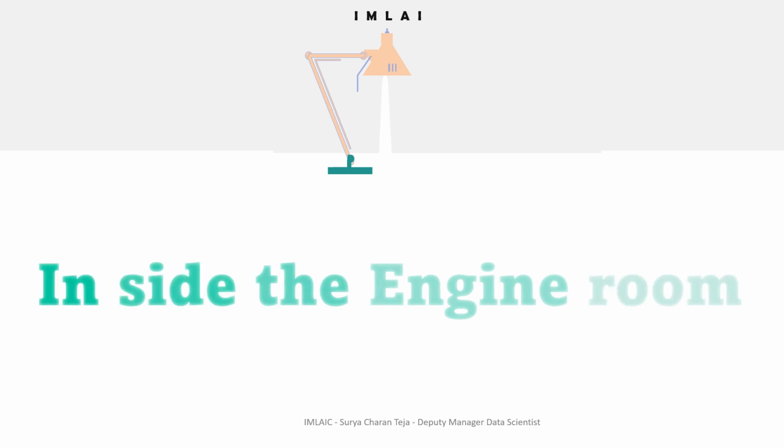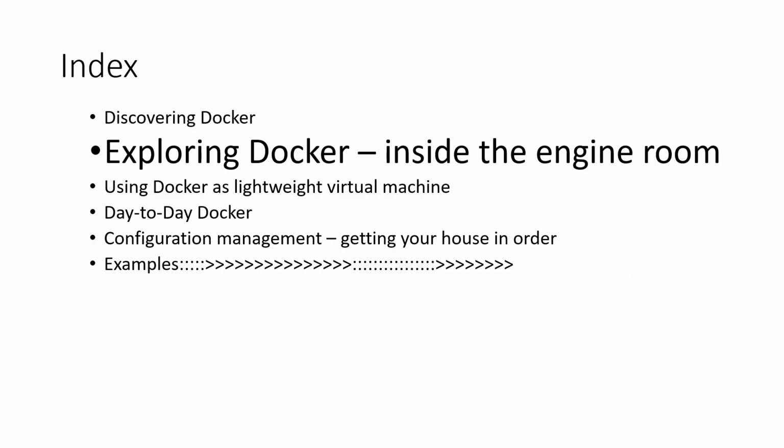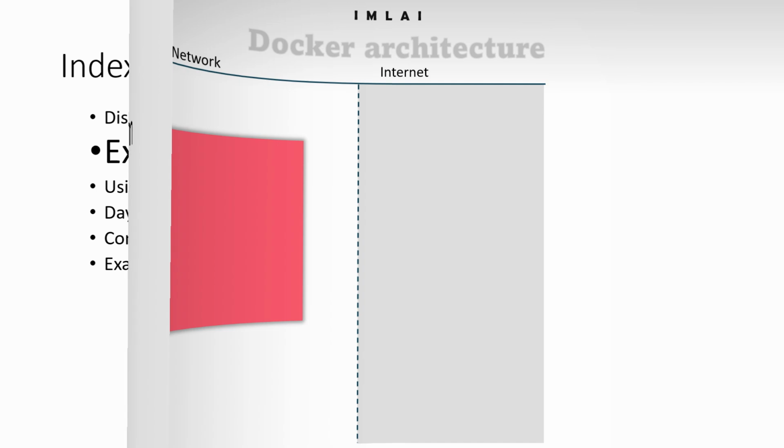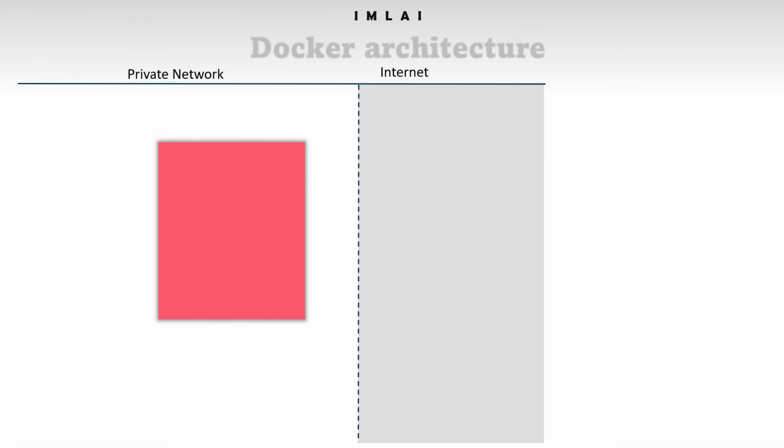So we're going to look inside the engine room, Docker's engine room. That means we're going to look into the architecture of Docker, nothing else. Grasping Docker architecture is key to understanding Docker more fully.